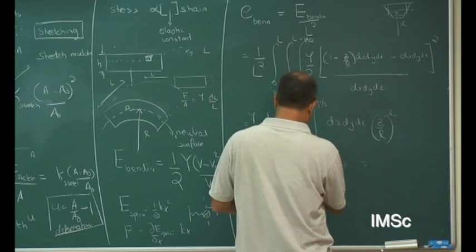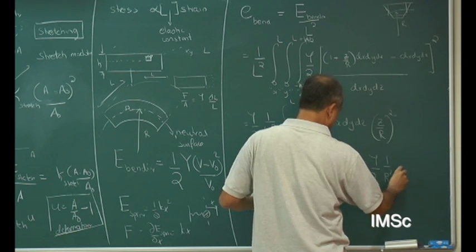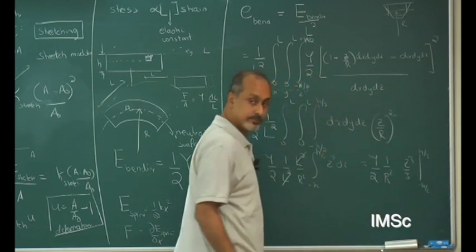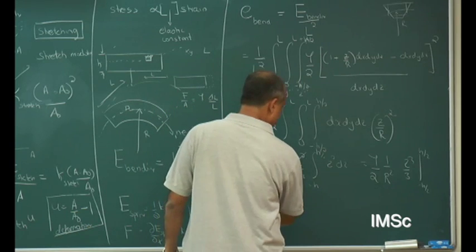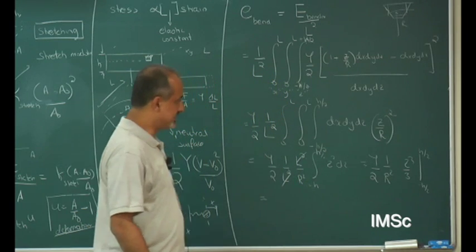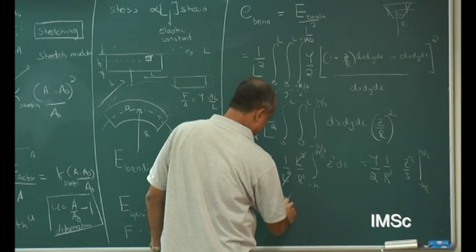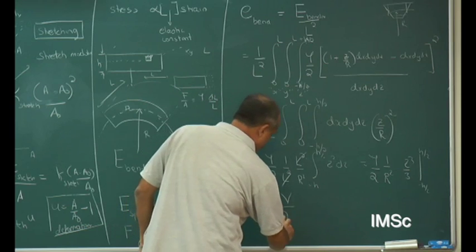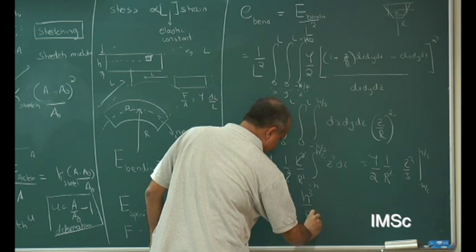And this becomes Y divided by 2, 1 over r squared, z cubed divided by 3, between minus h by 2 and plus h by 2. Which is Y divided by a factor of 24, h cubed divided by r squared.